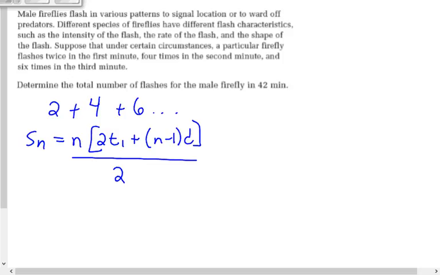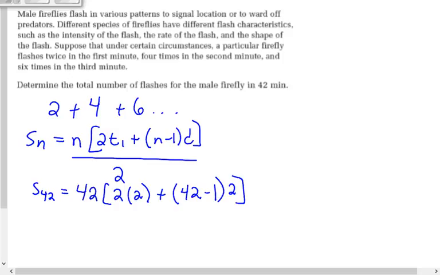So, the sum of 42 terms is going to equal, we know n is 42, we know our first term is 2, we're looking for 42 terms, and our difference is 2. And we're going to take all of that and divide it by 2.